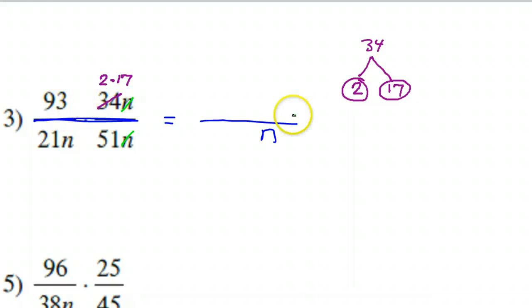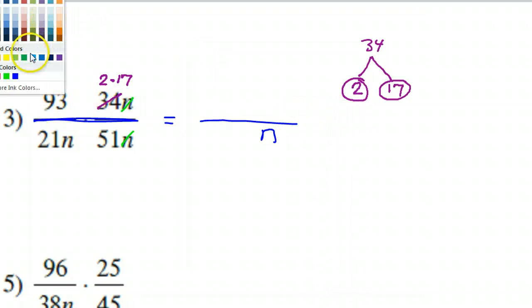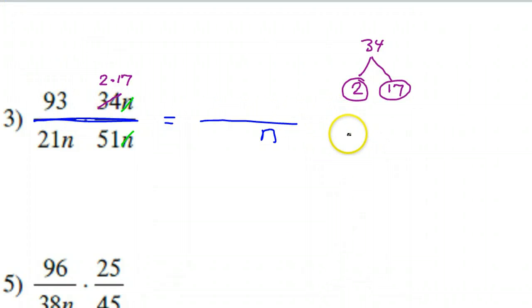And how about 93? Let's look at 93. 93 is clearly divisible by 3, so let's start with that. It's going to be 3 times 31, and both of these are prime numbers. So this is the prime factorization for 93.